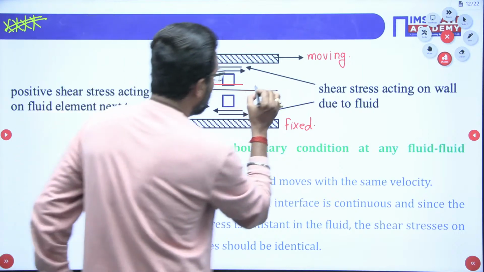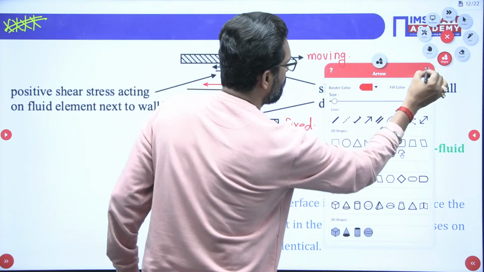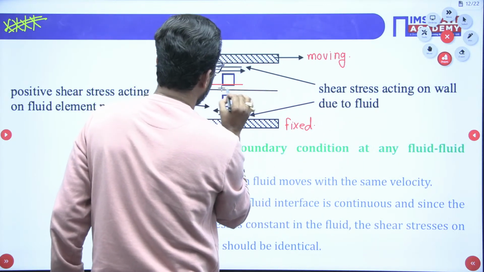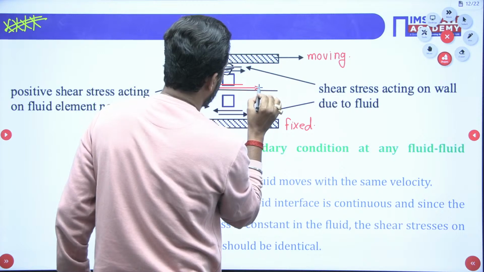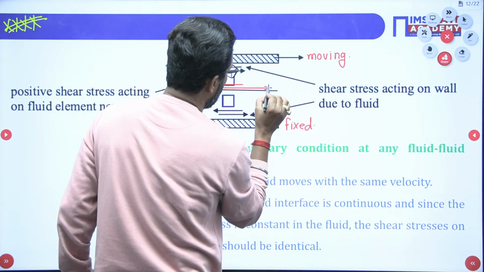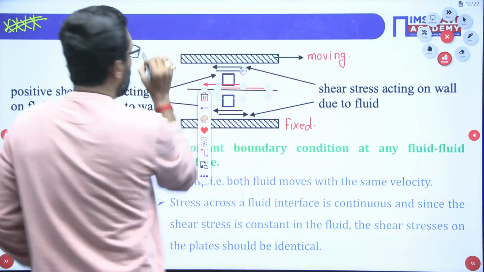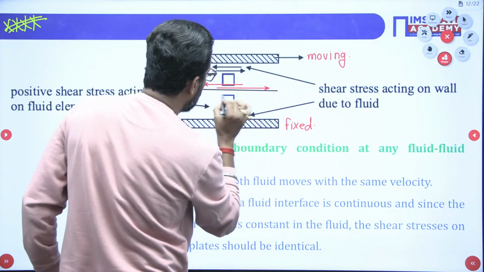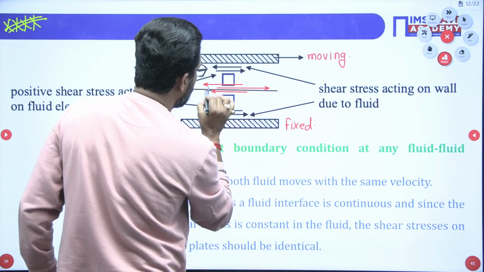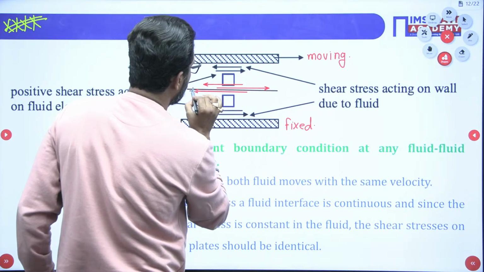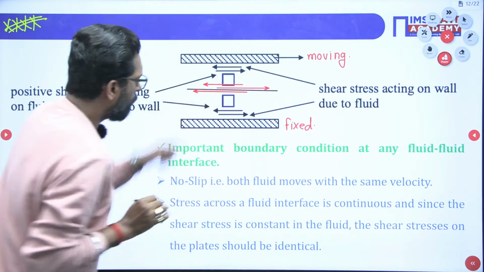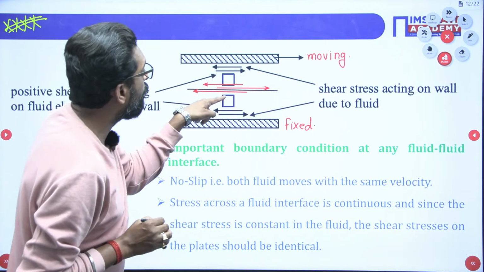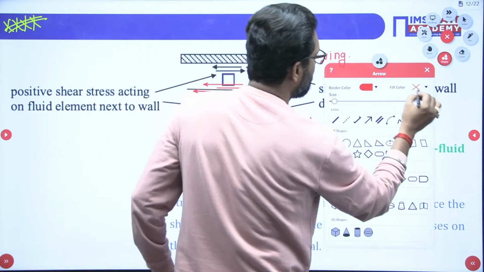On that layer, the stress is in this direction. So this is the stress on this layer. To balance this, the stress on the bottom portion is in this direction. Now, if the bottom layer's stress is in the left side direction, then on this fluid element it is in the right side direction. Very good.